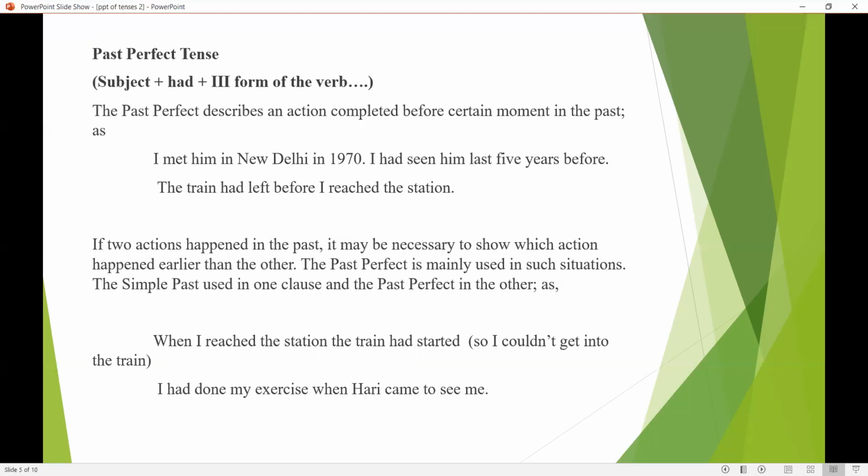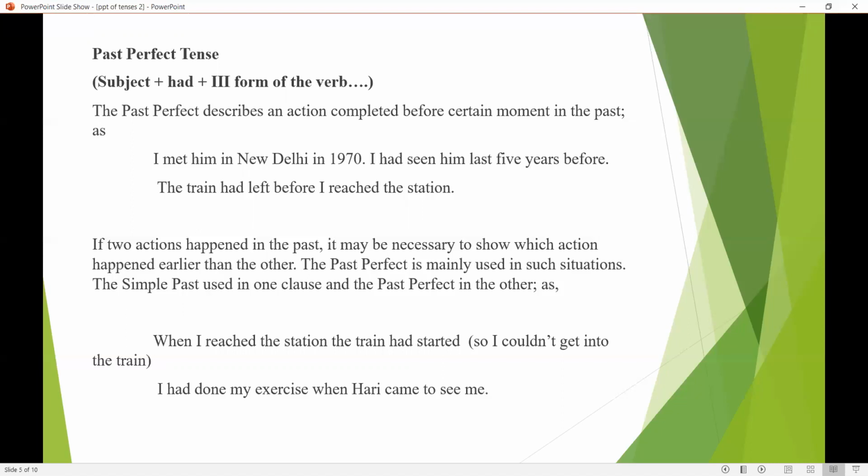Past perfect tense. Now again, the structure is subject plus had plus third form of the verb. The past perfect describes an action completed before a certain moment in the past.